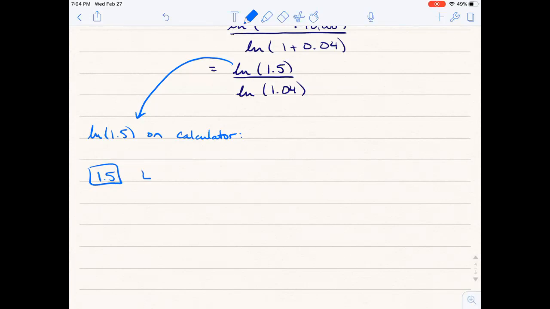So then hit the LN button. I think that's all you have to do. And then equals, just in case. Turns out you don't have to, but sometimes it doesn't show you the answer until you hit equals. So it's good to get in the habit of just always pressing equals after.